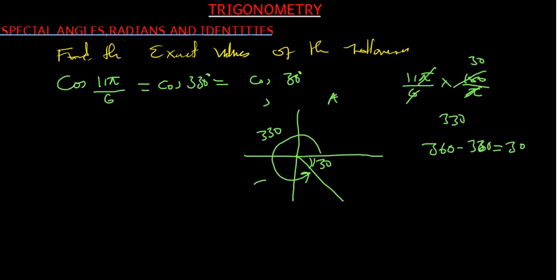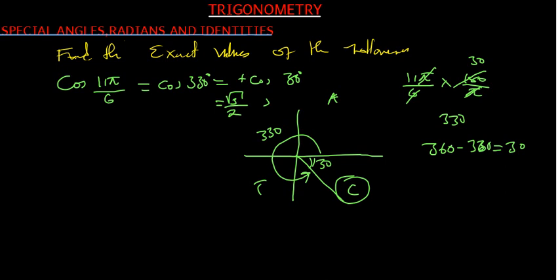All students take coffee. In the fourth quadrant, cos is positive, so this will be positive. And you know that cosine of 30 degrees is root 3 over 2. So then that becomes the exact value in that case.